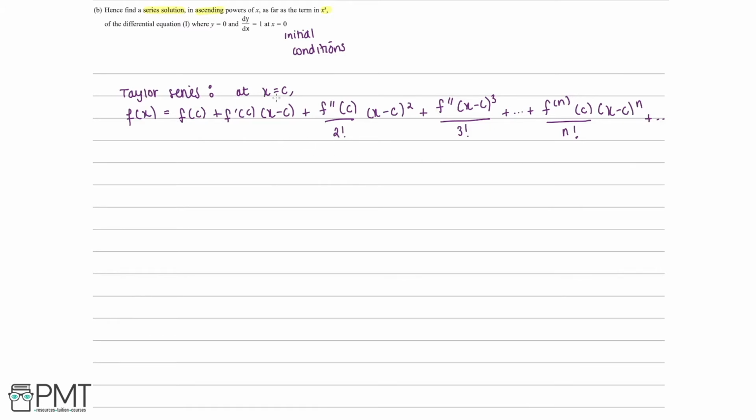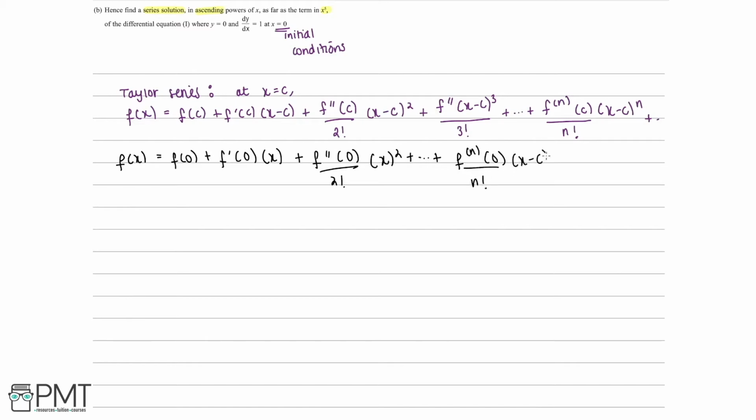Well, at x is equal to c, using our initial conditions, x is actually equal to 0. So instead of this, our formula looks something like this. f of x is equal to f of 0 plus the first derivative of f at 0 multiplied by x, because x minus c will just be x because c is equal to 0, plus the second derivative of f at 0 all over 2 factorial multiplied by x squared, plus in general the nth derivative of f at 0 all over n factorial multiplied by (x minus c) to the power of n.